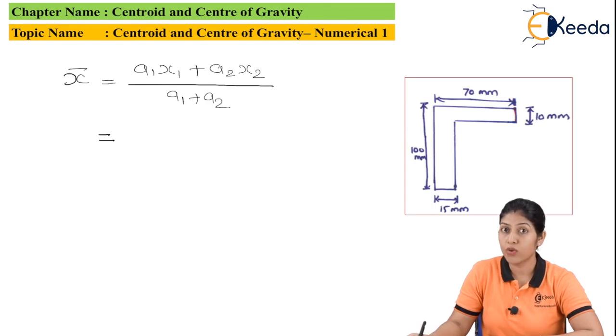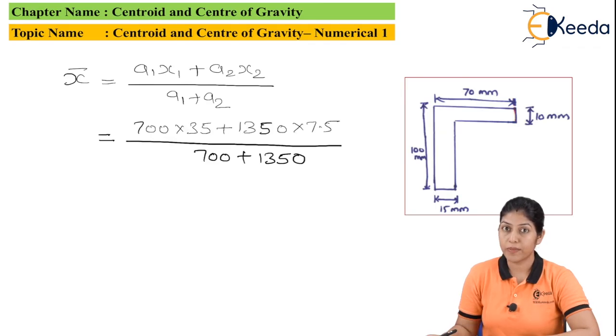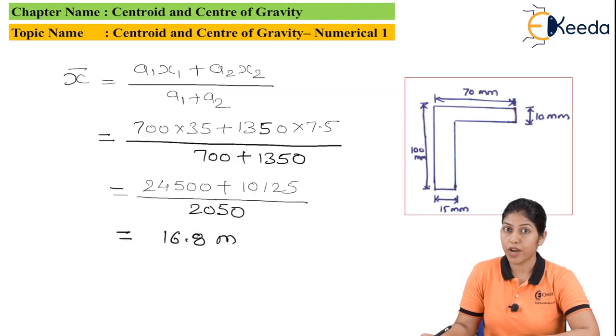This we can find out by the equation, that is summation of AX divided by summation of A. So this is representing the X coordinate, and here we will put all the values of A1 and X1, A2 and X2 and A1 and A2, and then we will find out the value of X bar. So this will be our equation. It will be 700 into 35 plus 1350 into 7.5 divided by 700 plus 1350. So the final value of X bar is 16.8 mm.